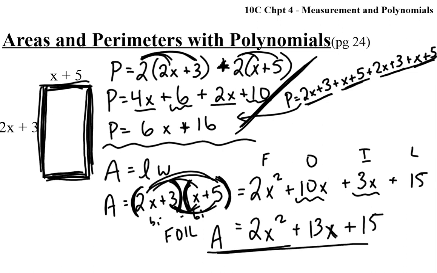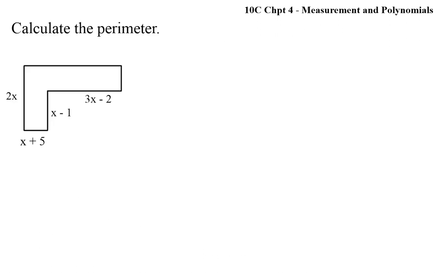Areas and perimeters. Not nice, simple, single values like the real world, but we're doing polynomial work, a little bit different. Here we want to calculate the perimeter of this shape. Well, what's tricky about this one is I want the total of all the sides of that particular shape. Total distance around, well, we're missing some distances. So we have to calculate those first.